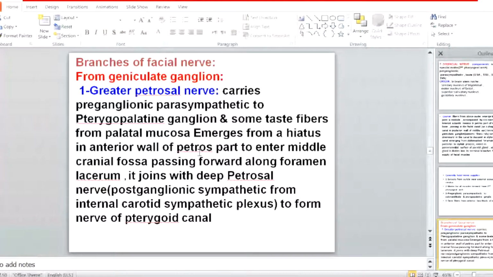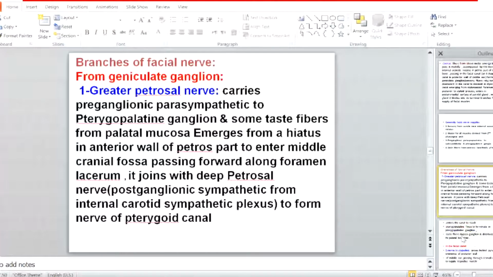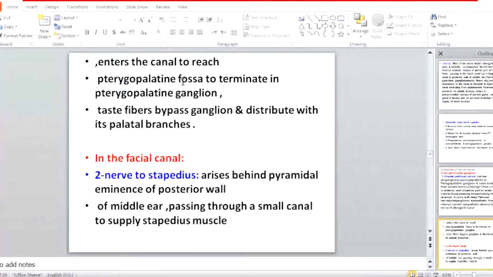Both of them unite and form the nerve of pterygoid canal. Now, the nerve of pterygoid canal enters the pterygoid canal to reach the pterygopalatine fossa to terminate in the pterygopalatine ganglia. Taste fibers bypass the ganglion and distribute with the palatal nerves.